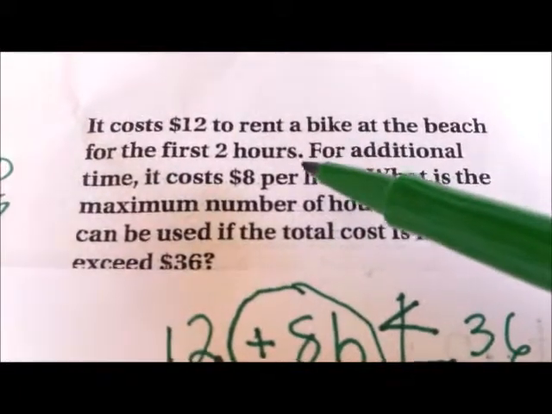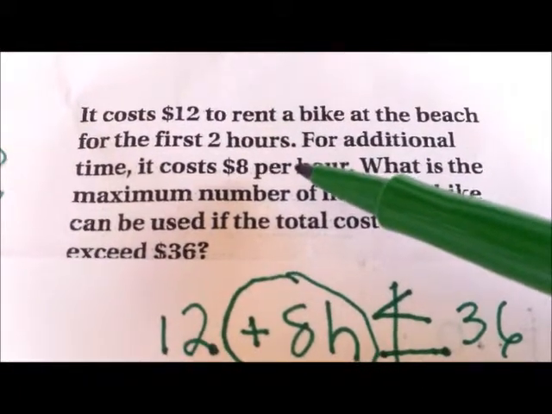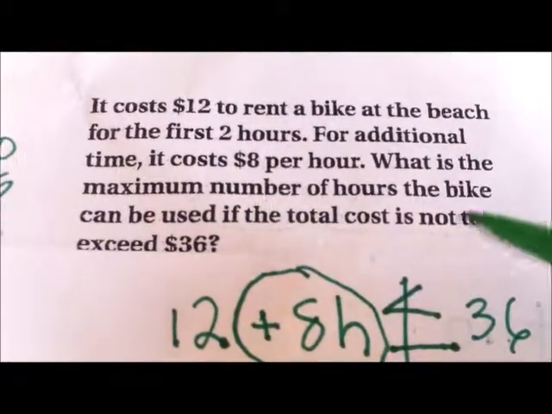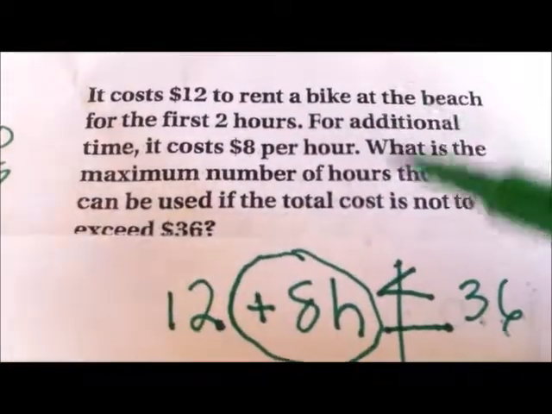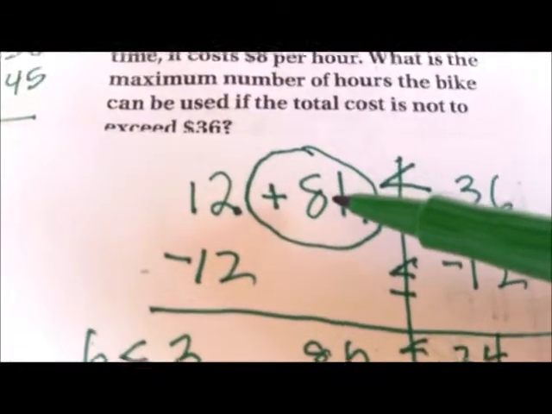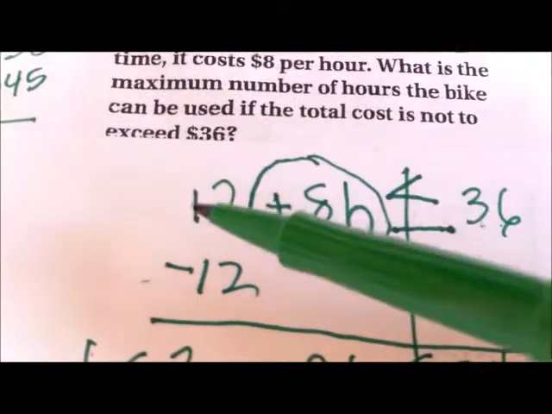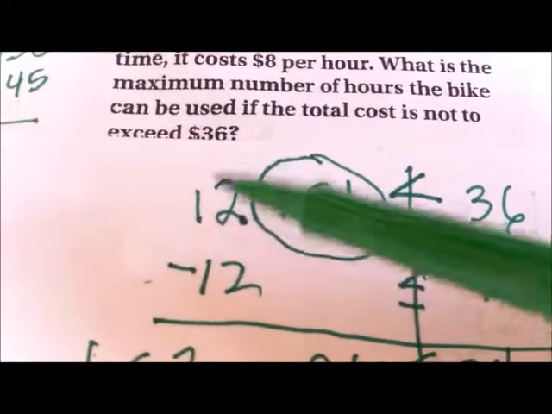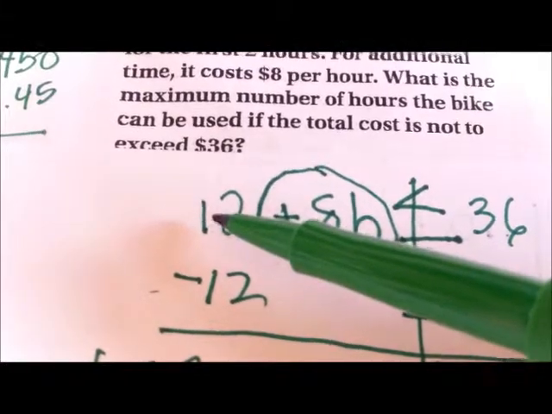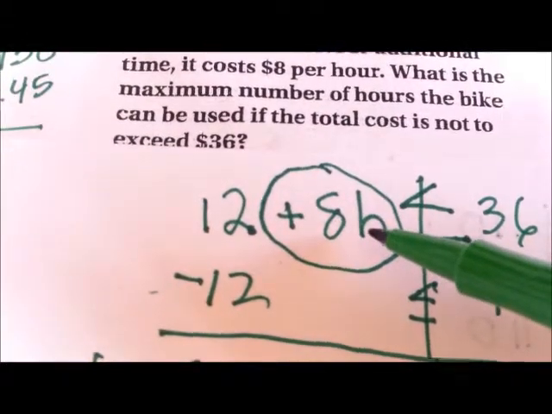However, that's 3 hours at the $8 per hour rate. What's the maximum number of hours the bike can be used if the total cost is not to exceed 36? Well, if I write it at this rate for 3 hours, that costs me 24, plus the $12 I already paid for the first 2 hours. So we got 2 hours at this rate, 3 hours at this rate.